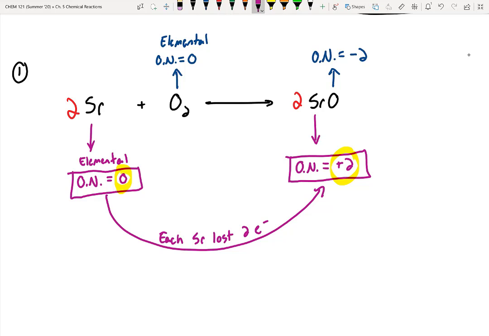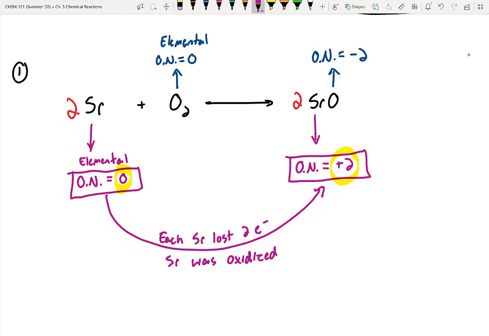Because we went from 0 to +2, that implies that each of them must have lost 2 electrons. Okay. So what occurred with this atom? Was it oxidized or reduced if we lost 2 electrons? Oxidized. So I'd write Sr was oxidized.